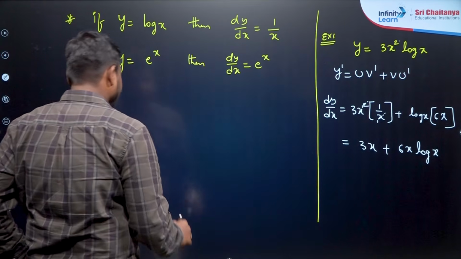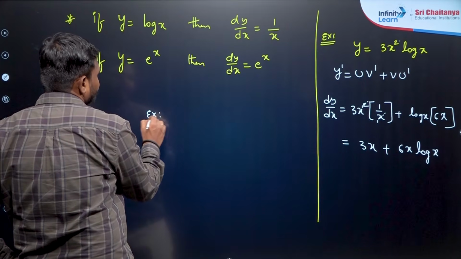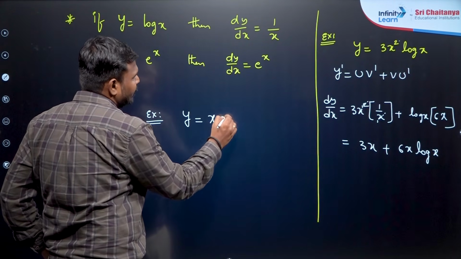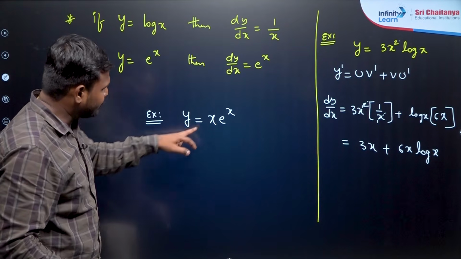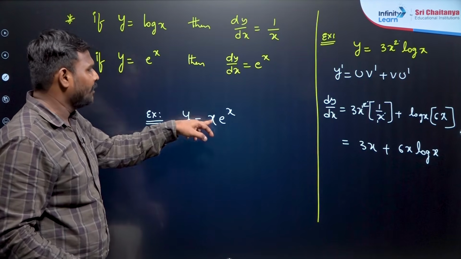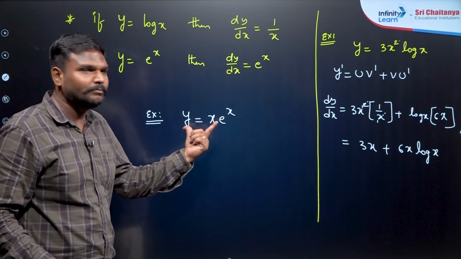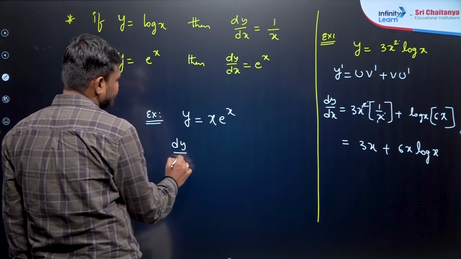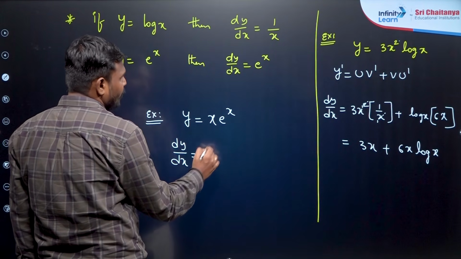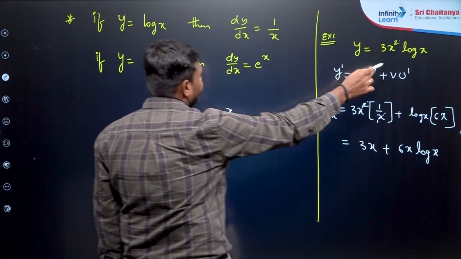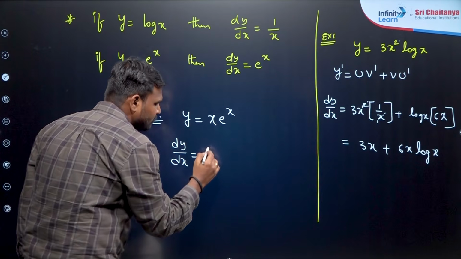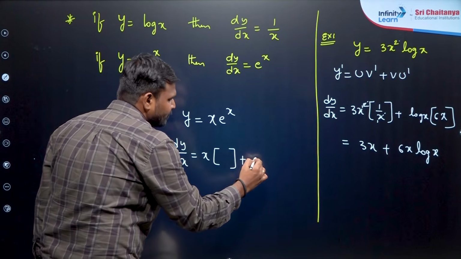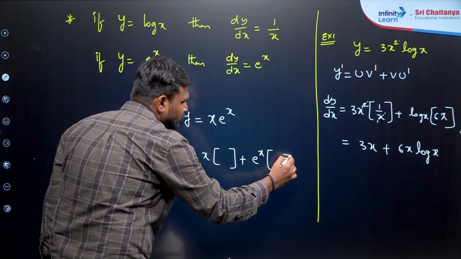Okay, next, another example. If they are saying y is equal to x e power x. x is again algebraic, e power x is exponential. Two functions are multiplied. Now again dy by dx is equal to u v dash plus v u dash. Keep the first function as it is, differentiate the second one, plus keep the second function as it is, differentiate the first one.